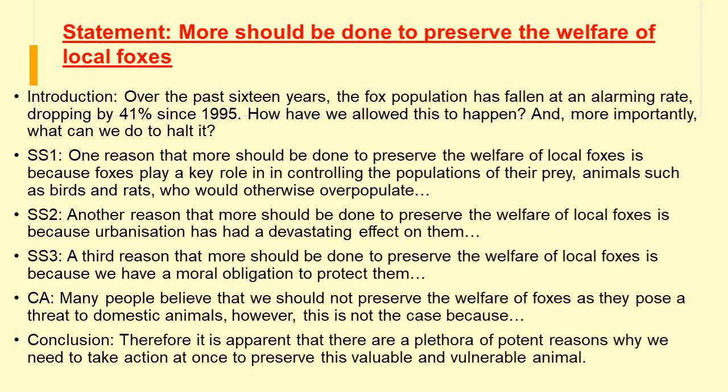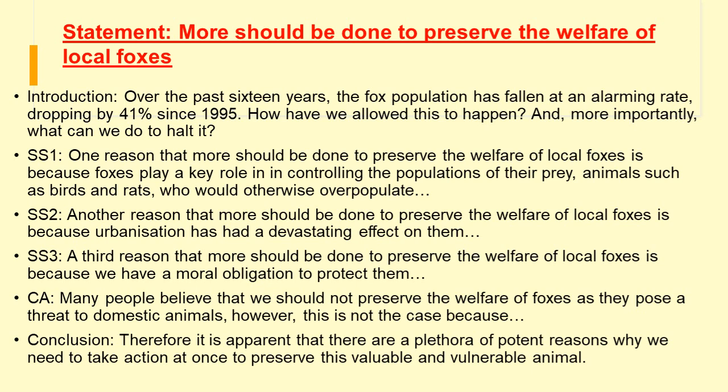So let's look at the next one. Another reason that more should be done to preserve the welfare of local foxes, so again linking back to this topic, is because urbanisation has had a devastating effect on them. So this paragraph would talk about how the fact that we're destroying local habitats has led to foxes struggling to reproduce, having to be scavengers, and sometimes getting in really distressing situations, getting stuck in places.